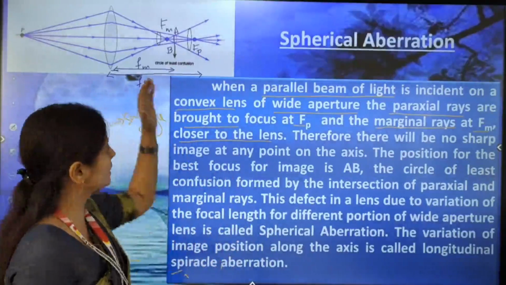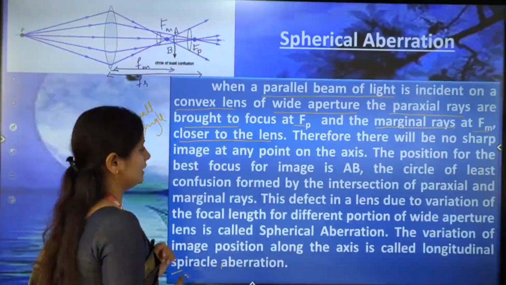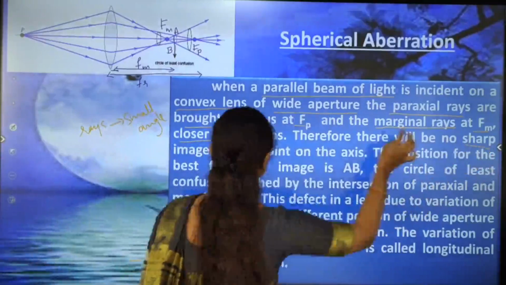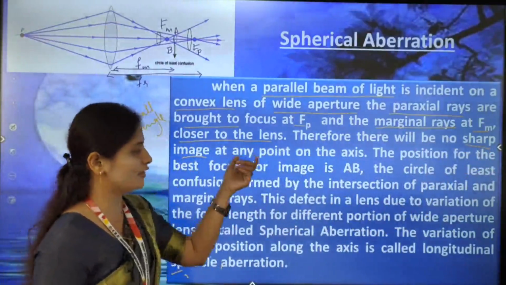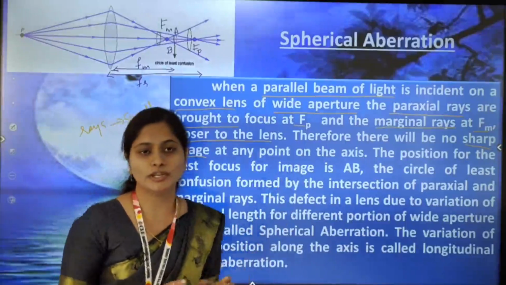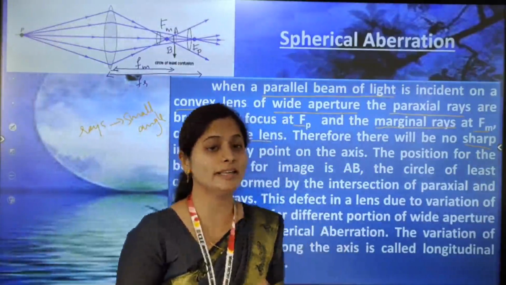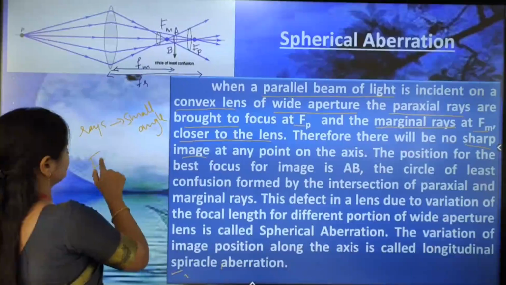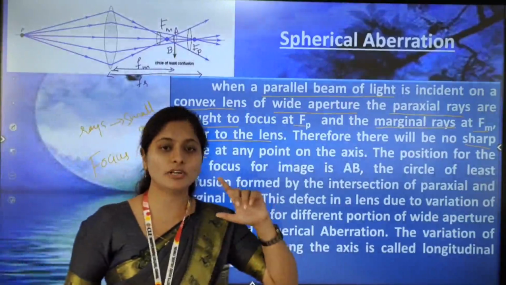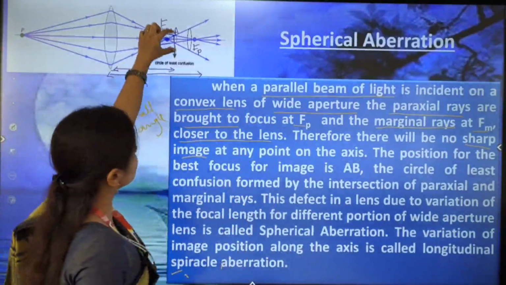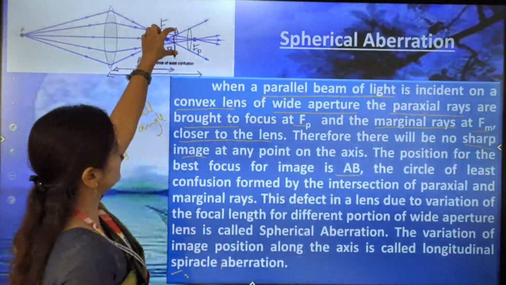The position of best focus for the image is AB. So we are not getting an exact sharp image, but we are getting one focus, that we call AB.